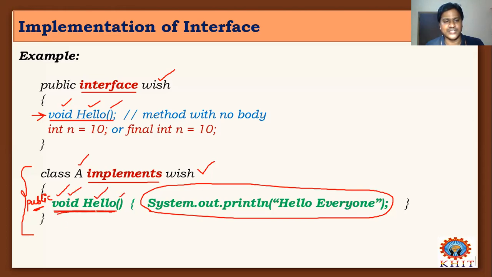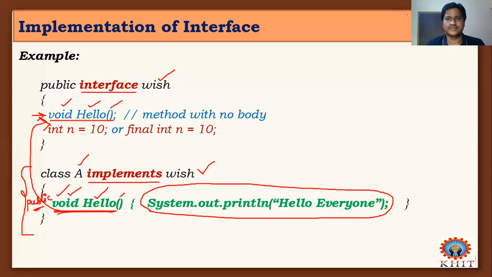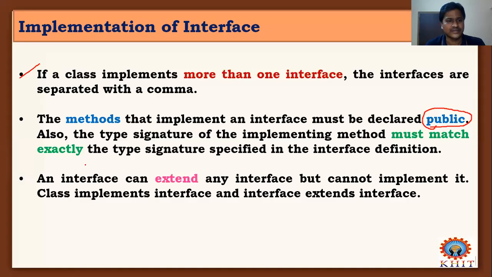This one should match with the one declared in the interface, right? So the type signature of the implementing method must exactly match the type signature specified in the interface definition.